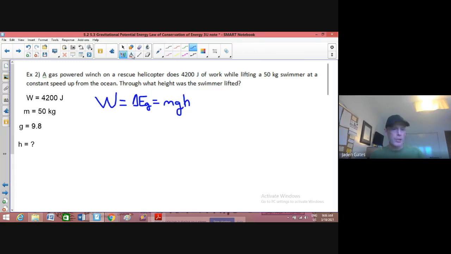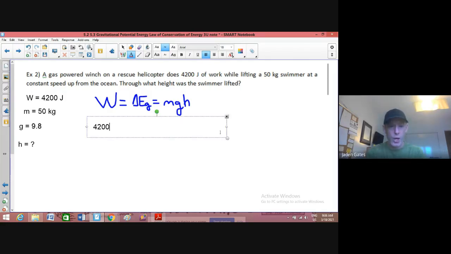I can substitute in my values: our work is 4,200 joules of energy, the mass of this person is 50 kilograms, they're on Earth so the g value is 9.8, and we can find the height they're increasing. In this case it is their height, because they're starting from ocean level, or sea level.